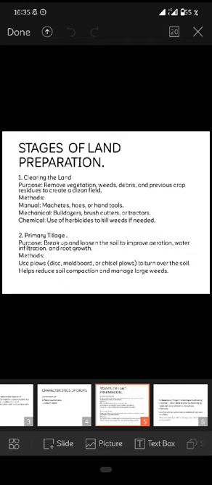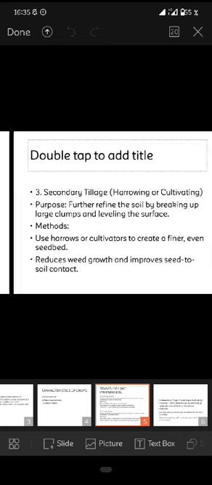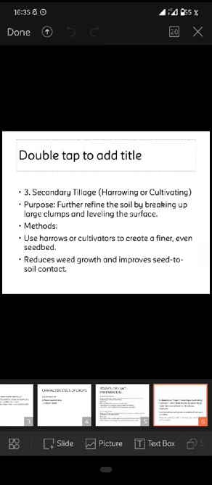This helps to reduce compaction and damage large weeds. Then based on the condition of the land, you go to the third stage of secondary tillage. That is harrowing or cultivating. The purpose is to further refine the soil by breaking up the large clumps and leveling the surface.